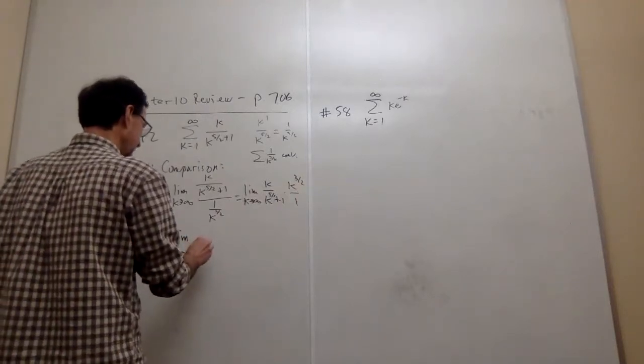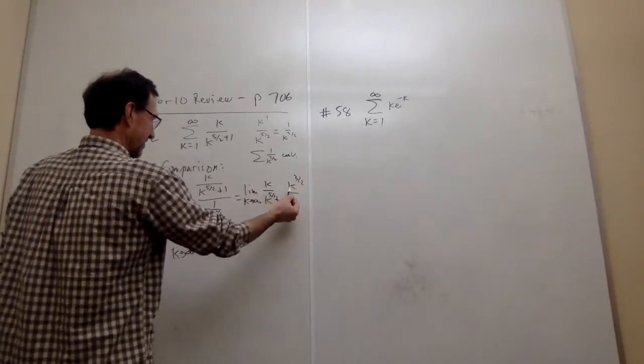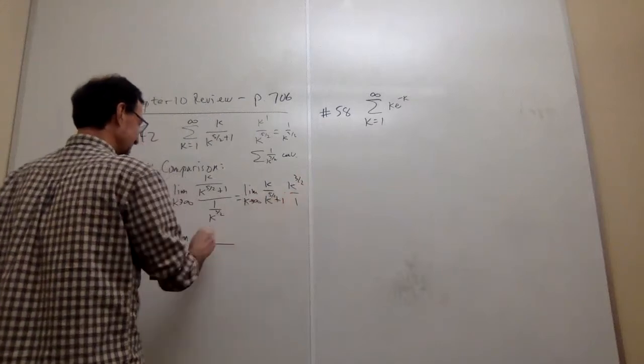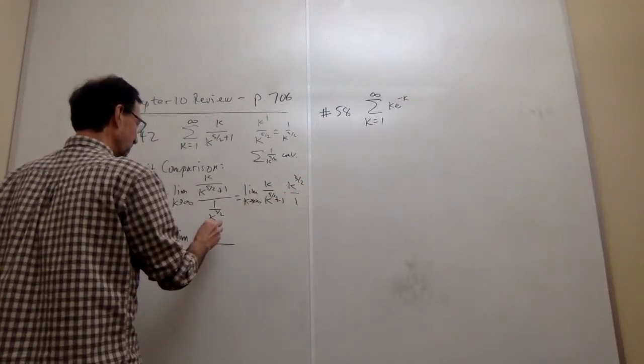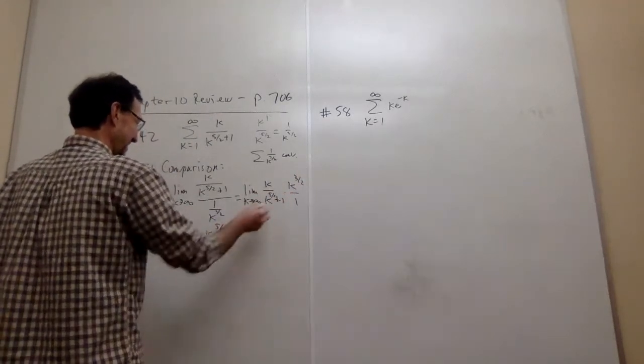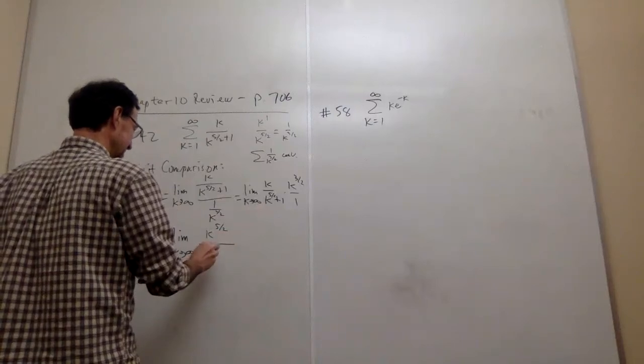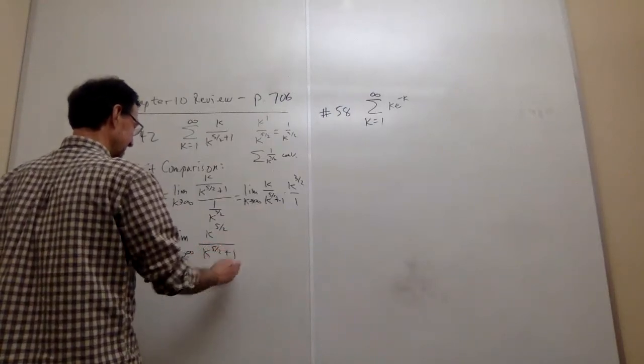So in the numerator, k to the 3/2 times k is k to the 5/2. No coincidence that that's the same power as we had.